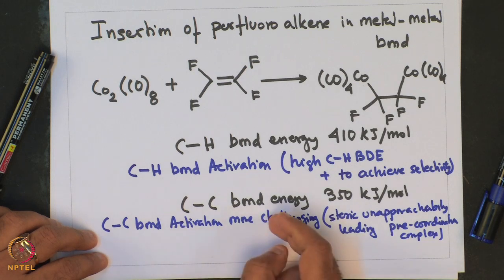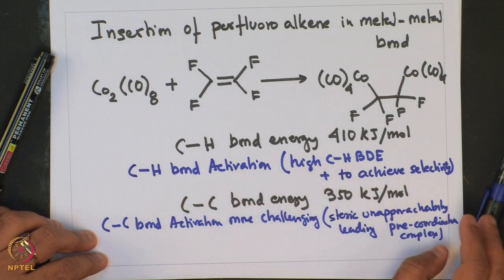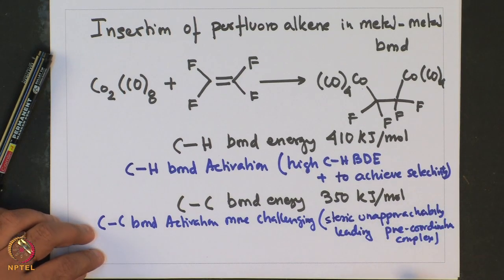And what we saw is that the examples which had CC bond activation had to do with release of ring strain in the substrate, resulting in CC bond activation, and hence it is more difficult.